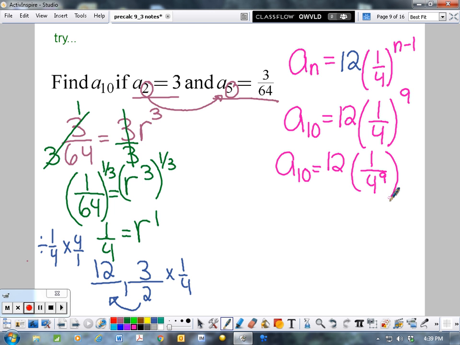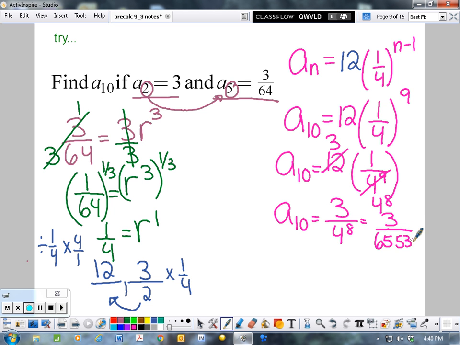I'm doing it this way because I noticed that this can be divided by 4, and this can be divided by 4 to give me 4 to the 8th power, which now gives me a pretty decent fraction, 3/4 to the 8th power, and then I can just calculate 4 to the 8th. So 3/65,536. Why do I show it to you this way? Because I believe in the back of the textbook, they're showing it to you in fractions because we're in precalc. We should be able to work with fractions by now.